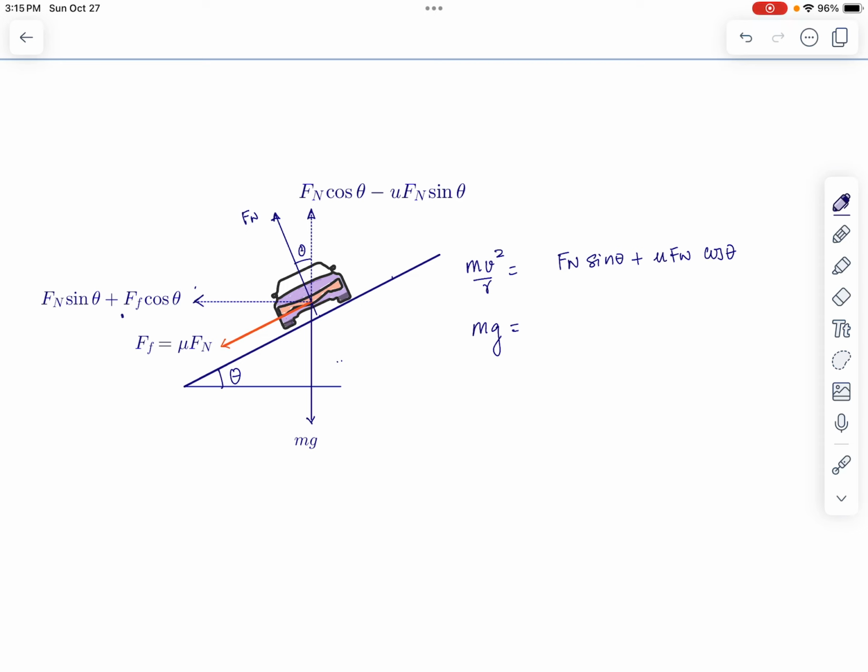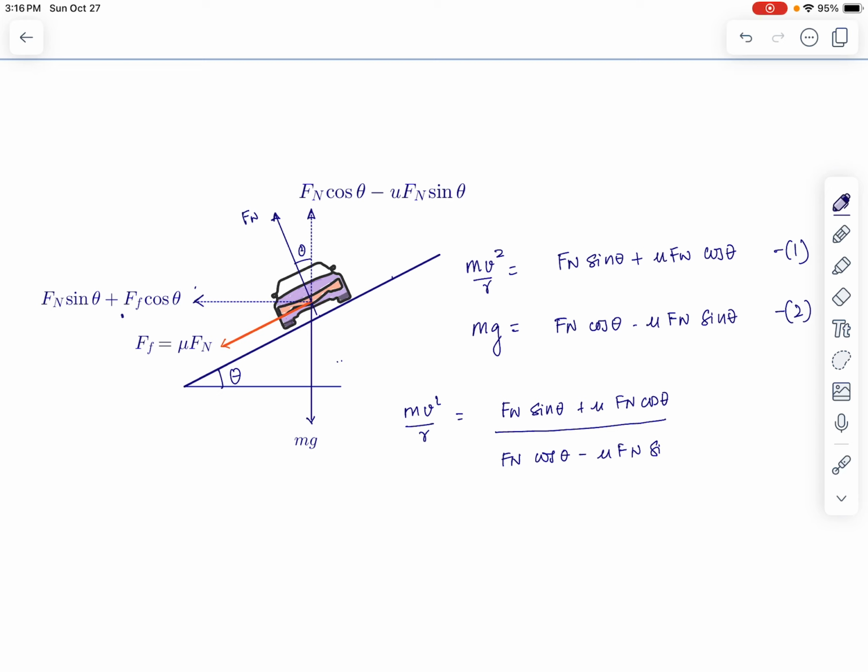Okay, so because the forces in the vertical direction need to balance out, it is Fn times cosine theta minus mu Fn times sine theta, right? So if this is equation 1 and this is equation 2, when we divide the two equations, that is equation 1 divided by 2, we get mv squared divided by r equals Fn sine theta plus mu Fn times cosine of theta divided by Fn cosine of theta minus mu Fn sine of theta.